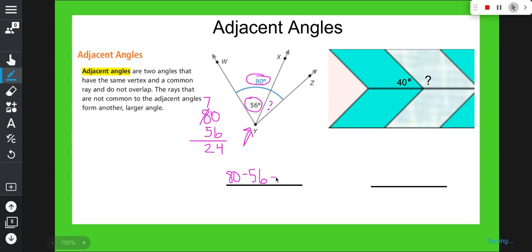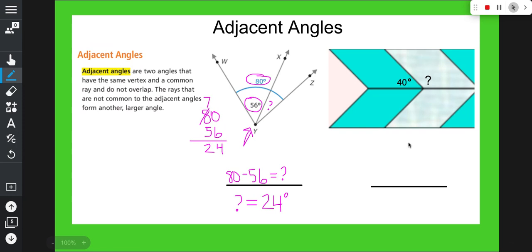So we know that our missing question mark is 24 degrees. Now we can check our work by doing 24 plus the 56, and we should equal our total amount of the two adjacent angles.